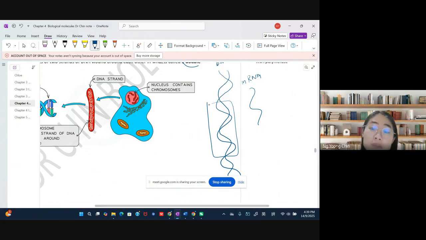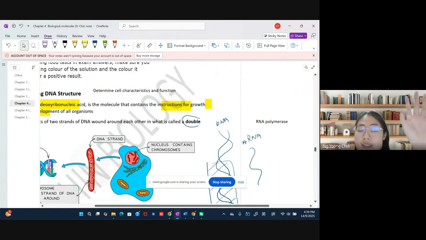So they only copy from here only, here. Okay, they don't copy the whole strand of DNA. No need. They just require to copy a certain region only, because those certain regions of the DNA, right, are enough for them to encode to make a protein later. Correct? Yeah. So the difference between DNA and RNA is just something like this.